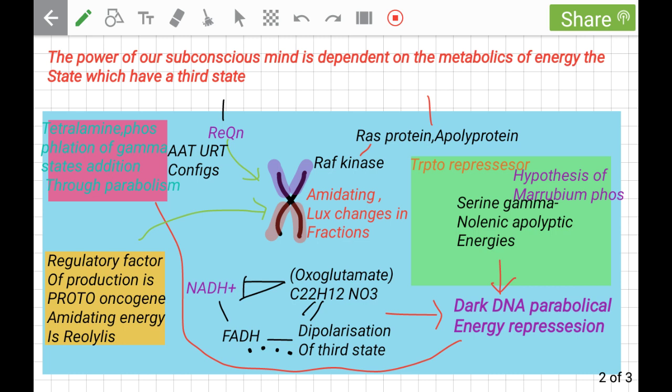So hypothesis of merobium also takes place because of the higher concentration of surgical factors. It comes new factors which yield the EPC. So the factors which co-yield it, the dark DNA parabolical states, is responsible for it.